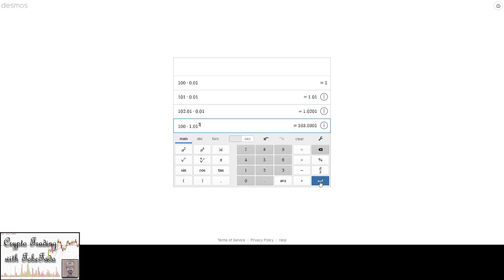And in that case, you'd get 103.0301. So if you go back and look at this, and you add 102.01 plus 1.0201, you get exactly the same amount.